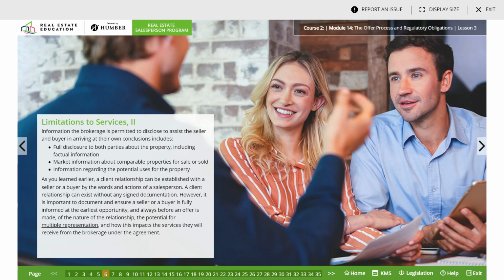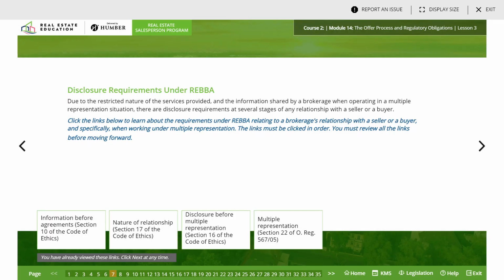So basically what I think it means is that in a multiple representation, you have to provide all the information that you know about the property, but you cannot tell them what they should do when preparing an offer, or how much the other person is willing to accept. So basically it all comes down to the offer and how much they're willing to pay. If I'm wrong, please do correct me, but that's what I think it is.